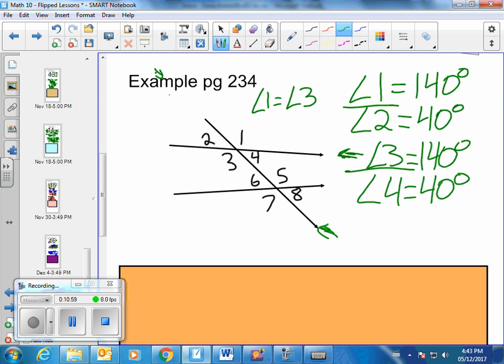Okay. You'll notice that angle 2 is going to equal angle number 4. You can go ahead and try 5, 6, 7, and 8 on your own, but if you're savvy, what you'll notice is that 5 and 7 are going to be the same. 8 and 6 are also going to be the same.